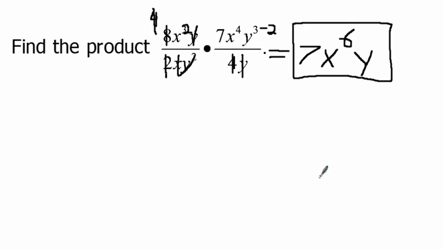I can also write them out as factors and then cancel them out that way as well. Both ways work.